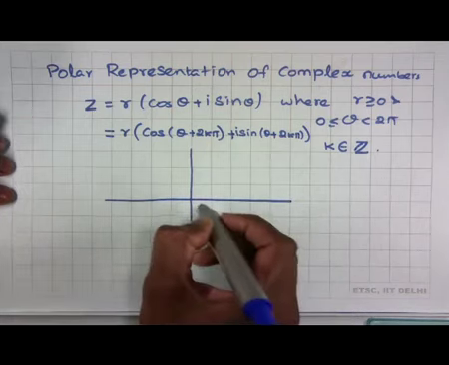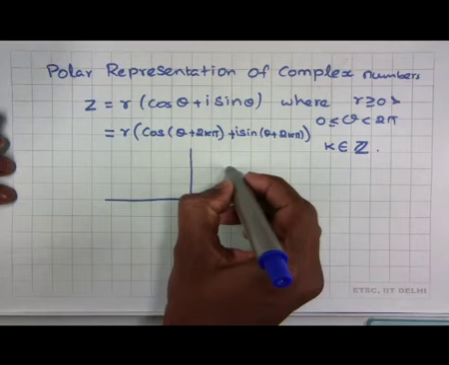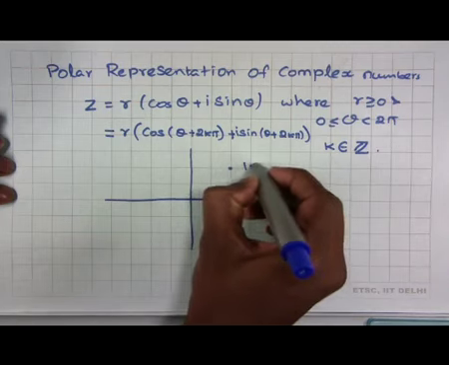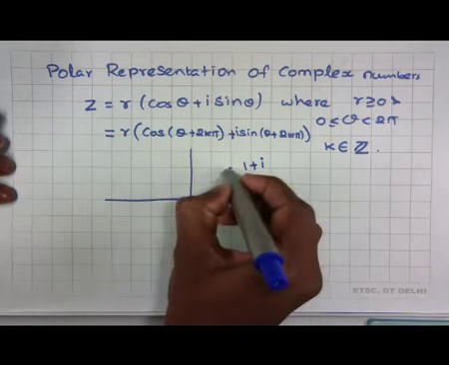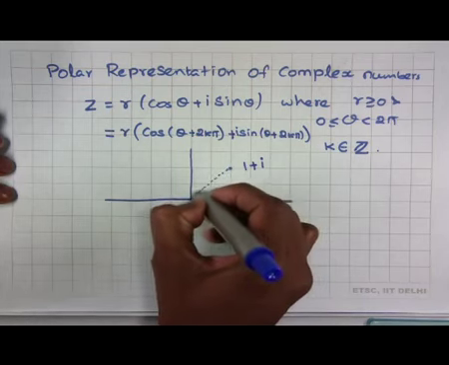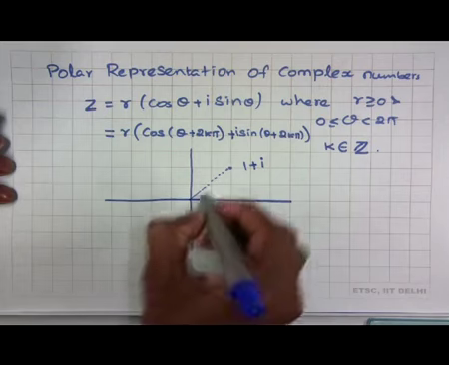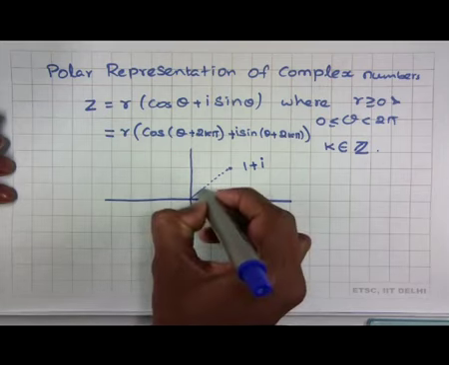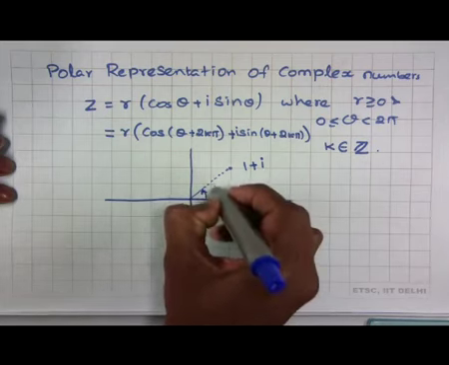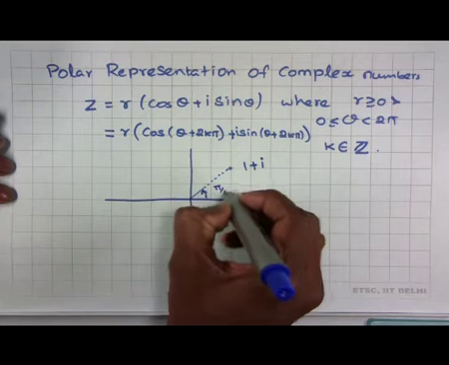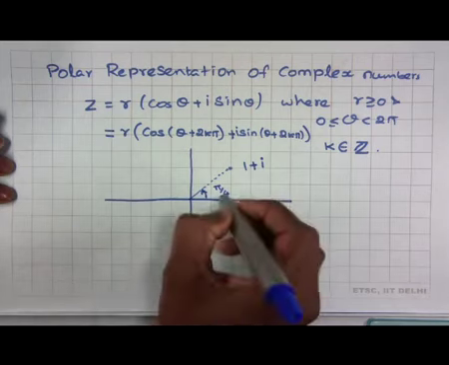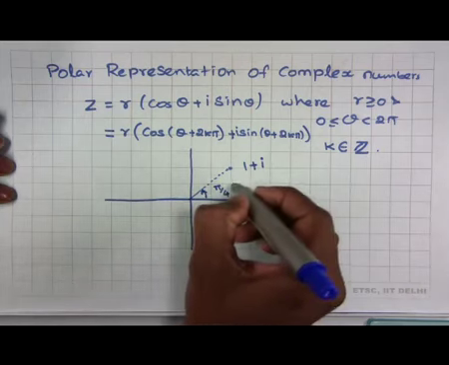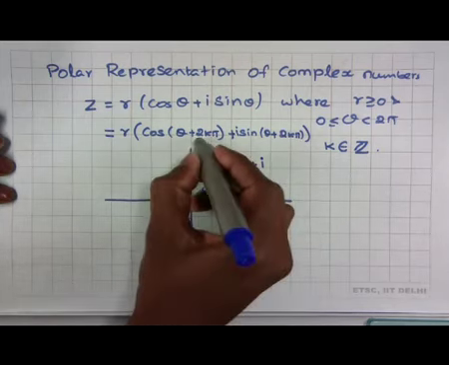When we consider a point, let us say the complex number 1 plus i, in the last class we saw that the angle theta is pi by 4 or 45 degrees, and what we observe is you can add 2 k pi.